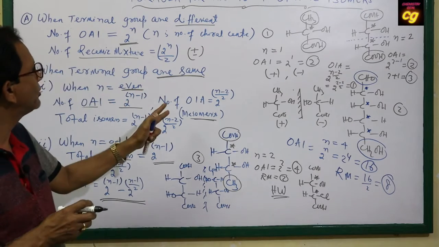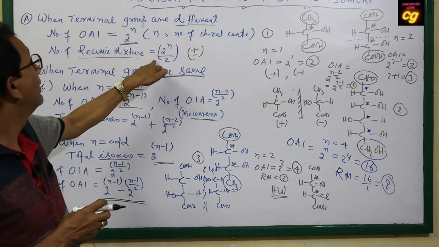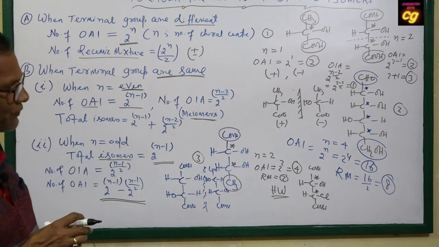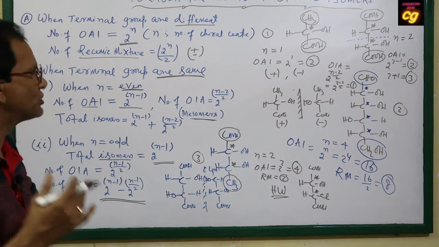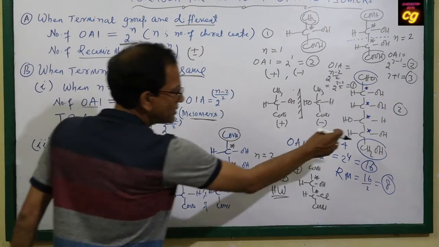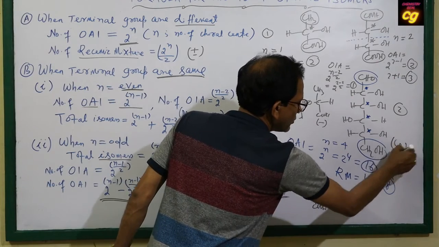So you have to remember the different formulas used in the calculation of optically active isomers. Similarly, another question we can discuss: this is the formula of glucose.